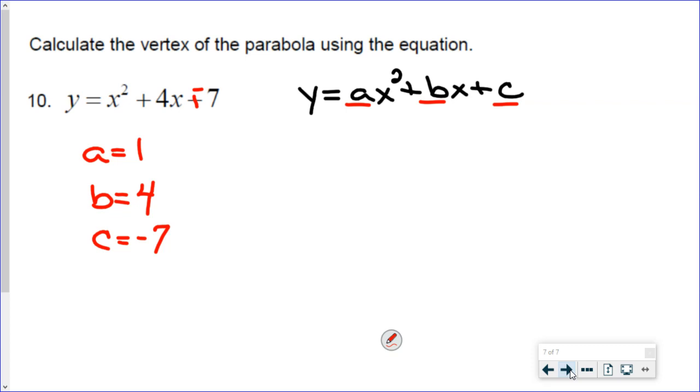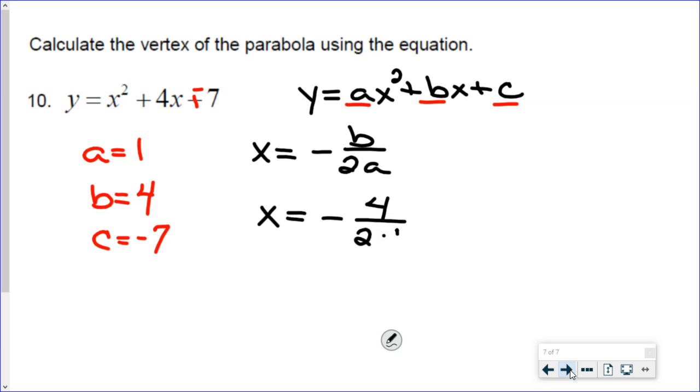First I'm going to find the axis of symmetry using the equation that you wrote down on the top of your page. That's the axis of symmetry. So right now, it's negative B over 2 times A. Again, there's a little 1 here if you need that.